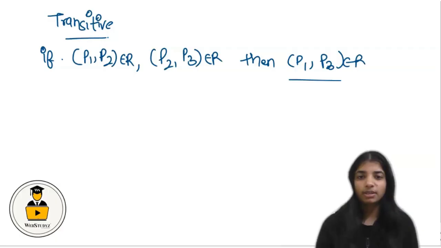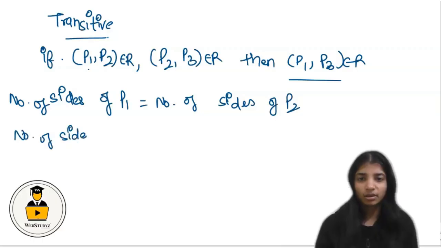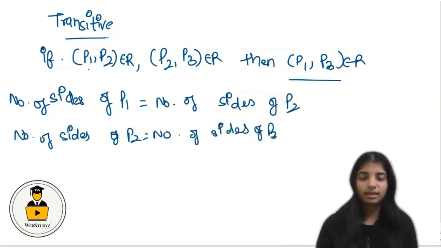Basically the relation is representing that if (P1, P2) belongs to R, the number of sides of P1 is equal to the number of sides of P2. In the same way, the number of sides of P2 is equal to the number of sides of P3. Let's discuss this with an example.